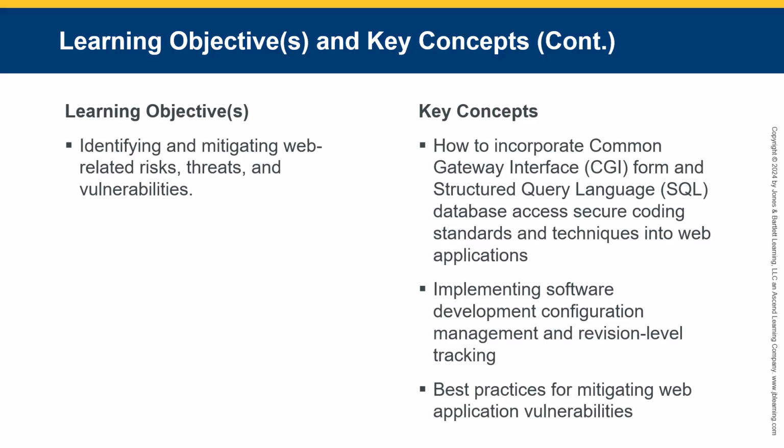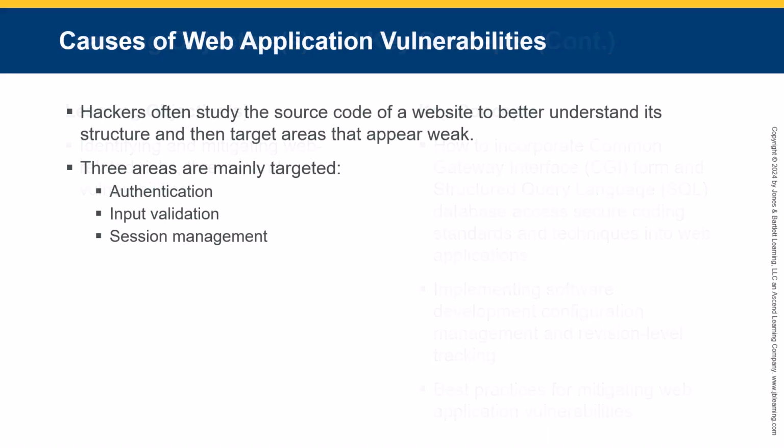We're going to be looking at implementing software development configuration management and revision level tracking. That way we are not just doing things willy-nilly, but everything actually has a management lifecycle. We're going to be looking at best practices for mitigating web app vulnerabilities. So let's go ahead and jump right on in.